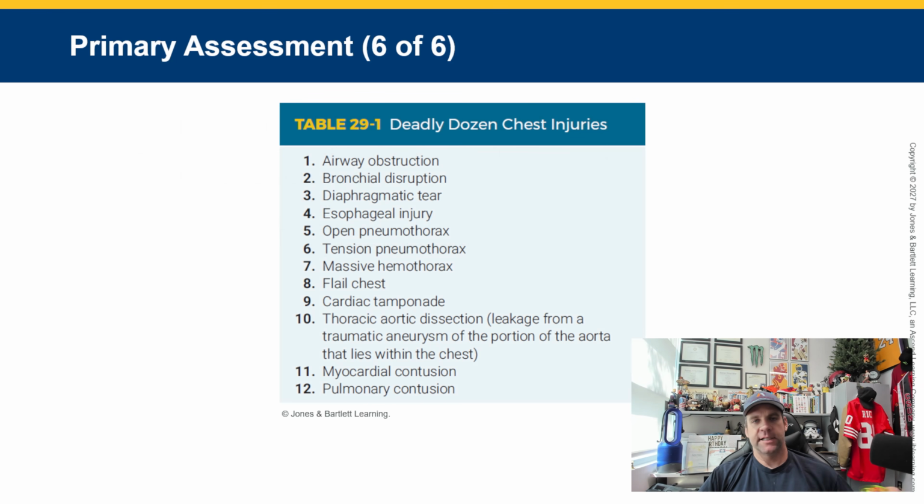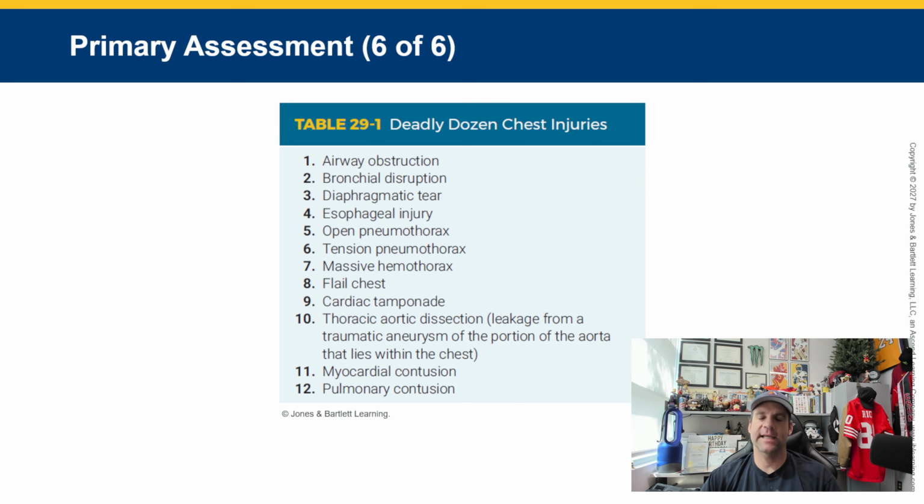So here we have a nice little table. It's called the deadly dozen chest injuries. These really provide a framework for chest injuries that are vitally important. They're more critical situations. Some can produce an immediate threat to the patient's airway and their ventilation.